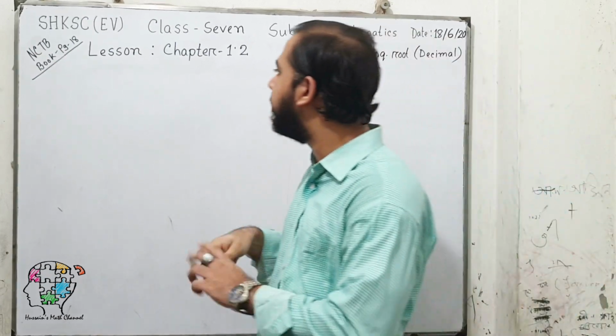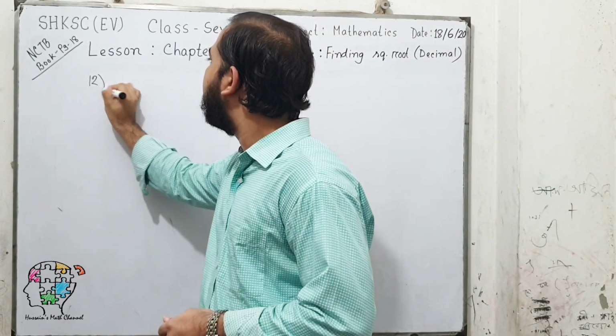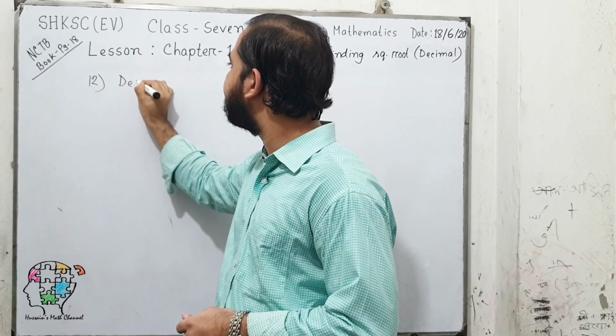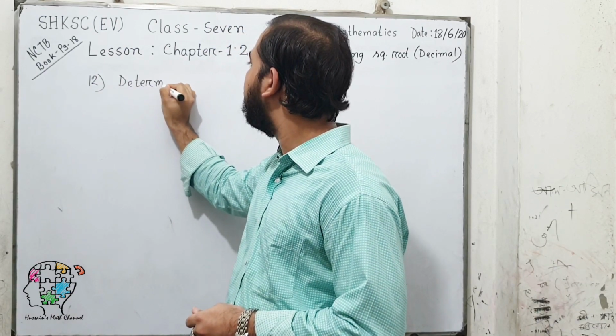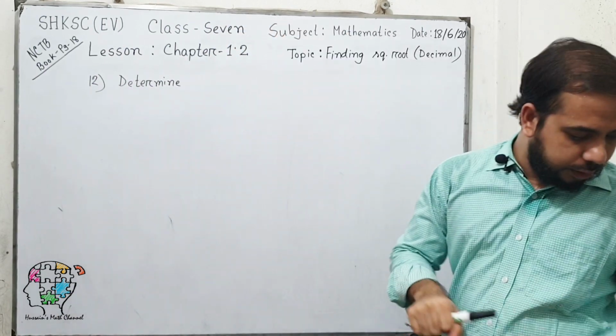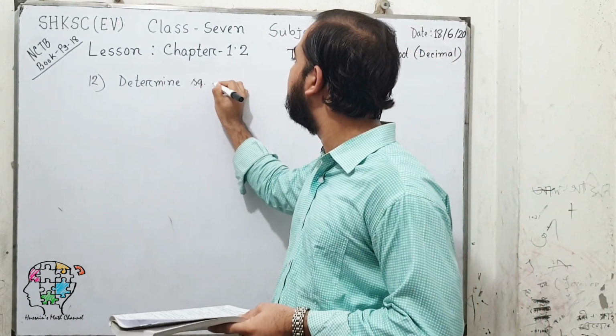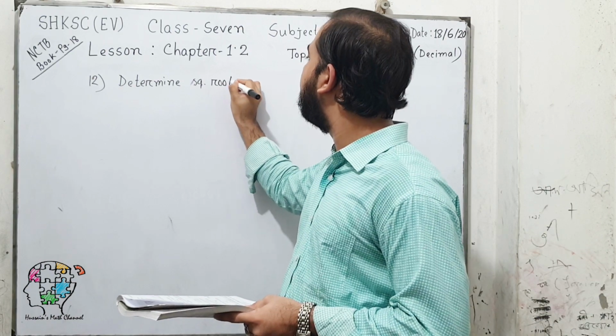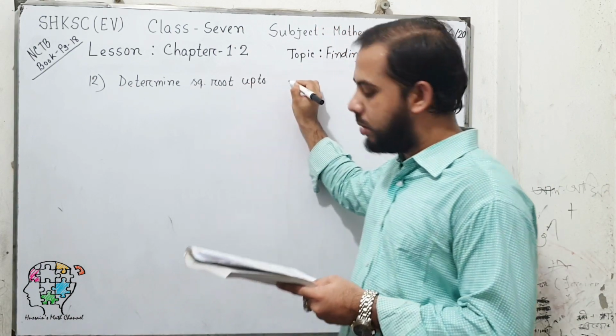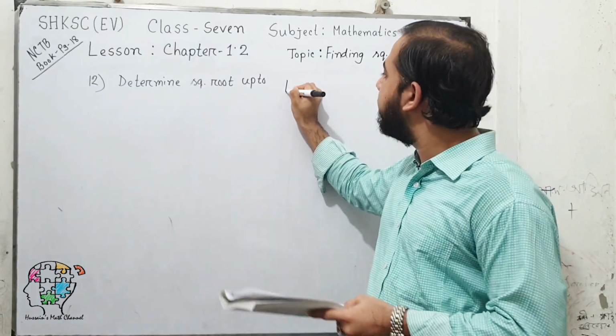Question number 12 asks to determine the square root up to 2 decimal places.